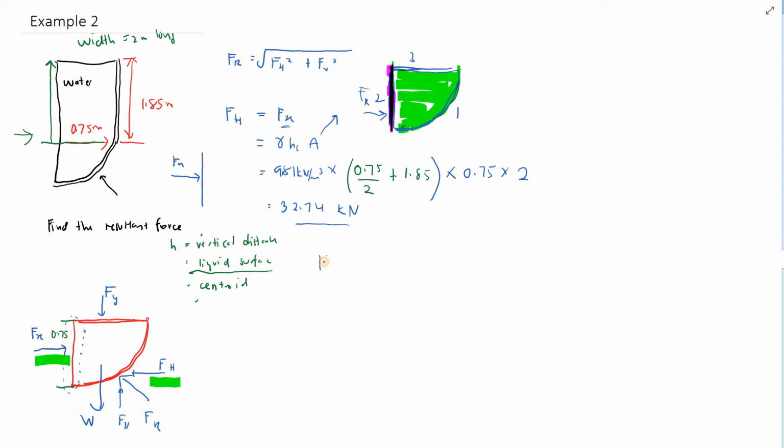Next, we go to FV. Vertical forces. Now look at the diagram here. You have FV going upward equal to the FY going downward, and then another downward force is W. So you have to add W. So what do you get there? Fy. Now look at this plane surface, which is actually here.